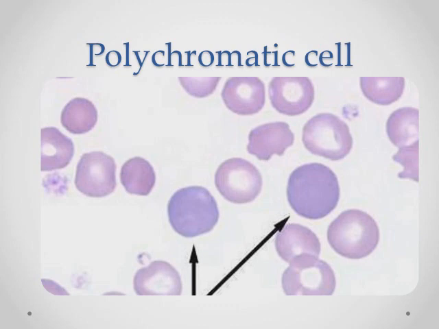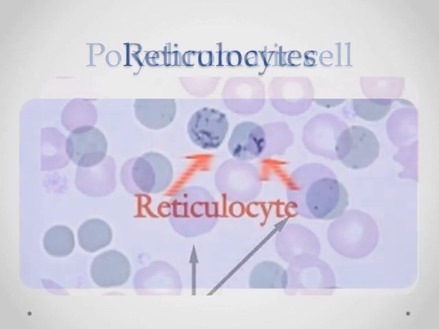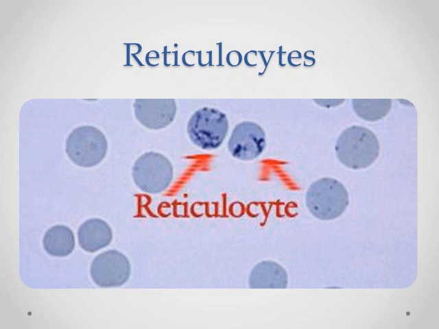This cell is very significant for many diseases, and to discover the actual shape of this cell we have to do another stain. The other stain is called supravital stain. This supravital stain represents what are called reticulocytes or retics. What are reticulocytes?